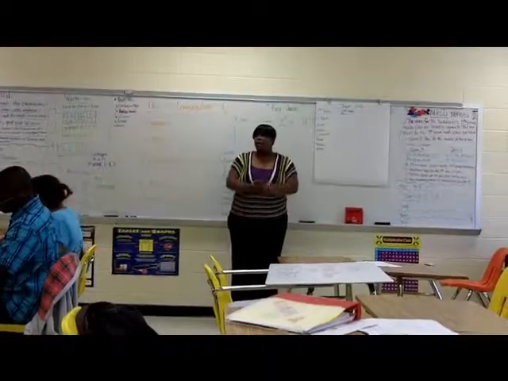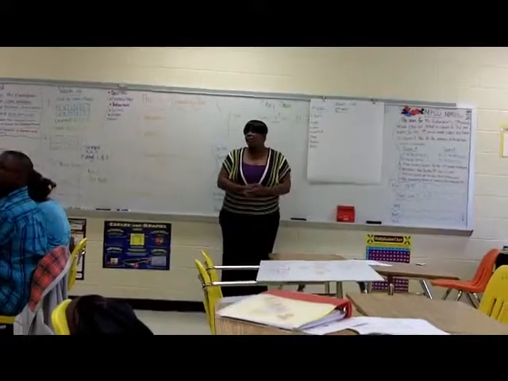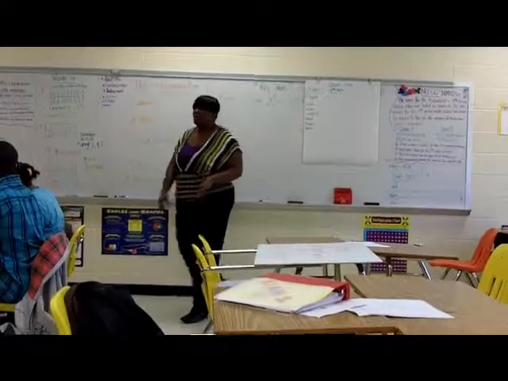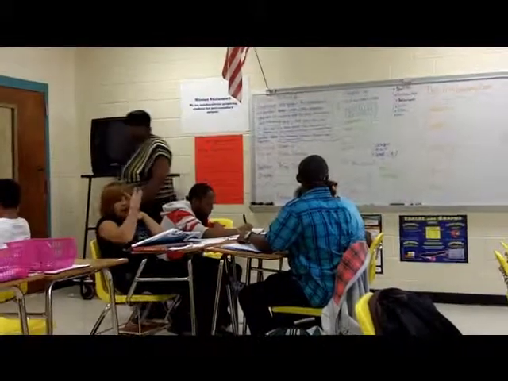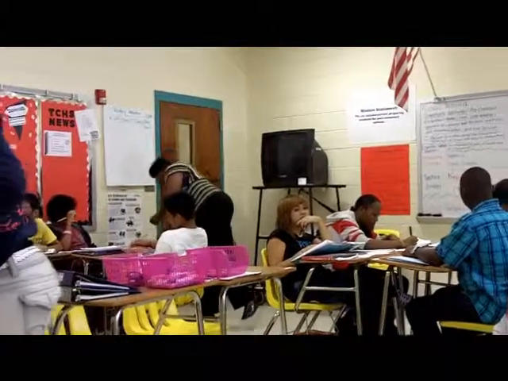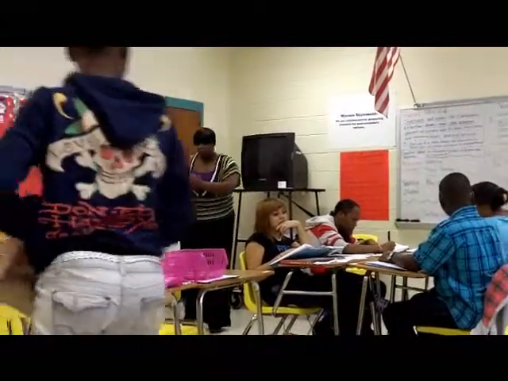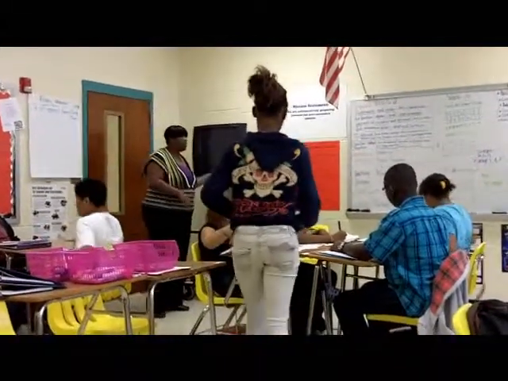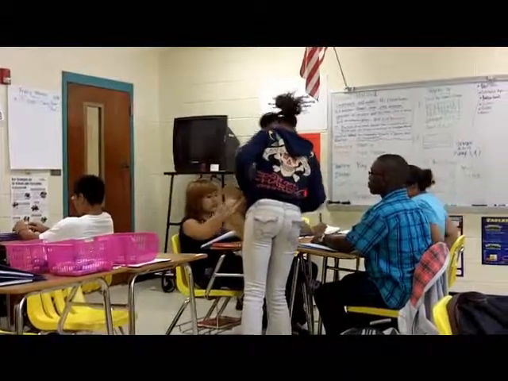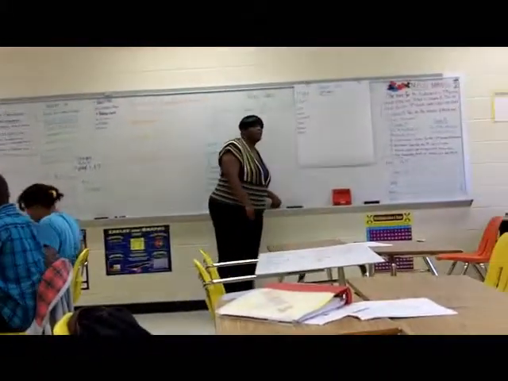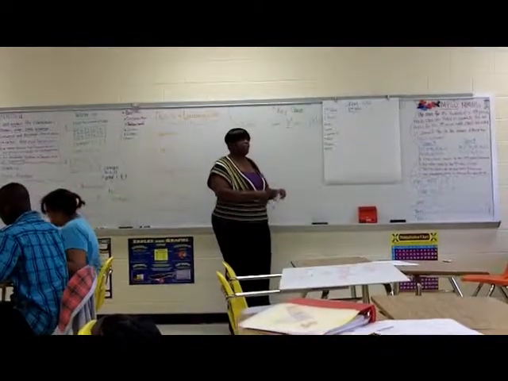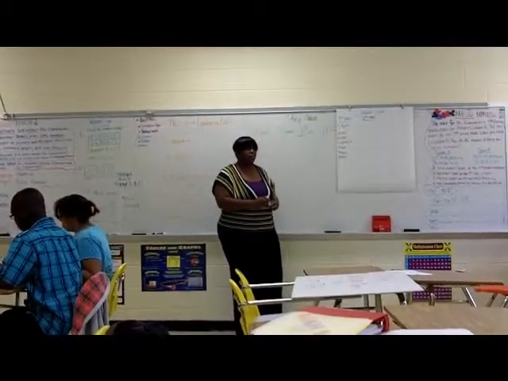So add up all the scores and divide it by 11. It's coming around. Calculator. And raise your hand when you give me an answer. Go ahead, Leslie. The calculator's there to assist you.